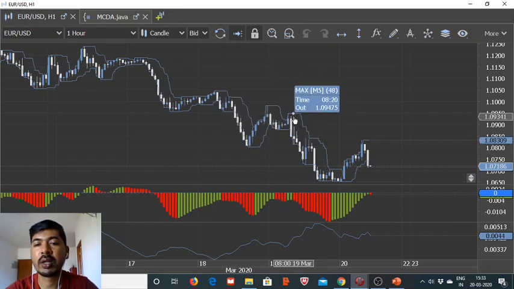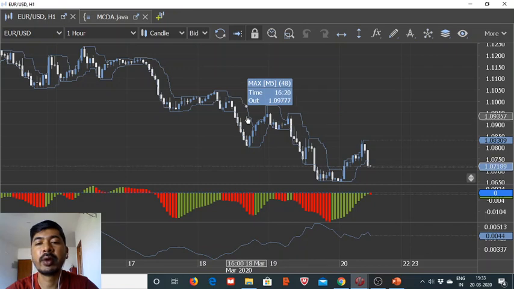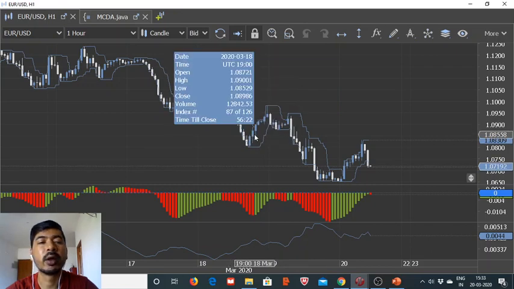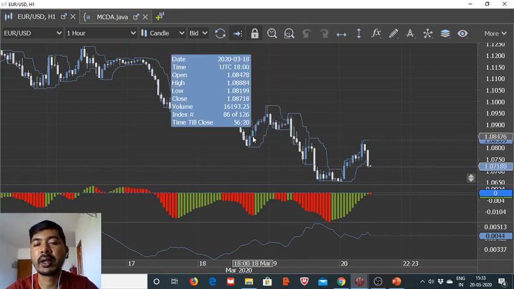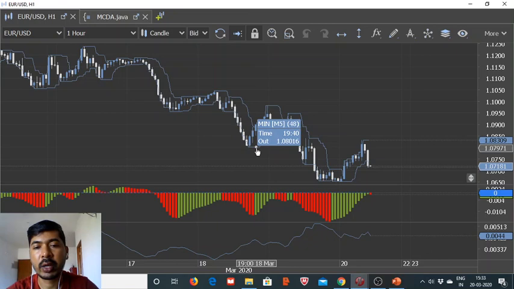Whenever we are going to sell, we will make sure that the prior candle has closed in red, and whenever we are going to look for a buy trade, we will want the prior candle, the last period candle of 1 hour, to have closed in green. And then we are going to calculate the values from the minimum levels.